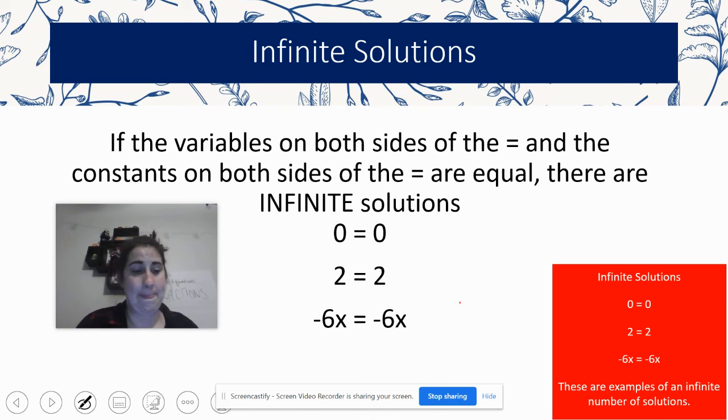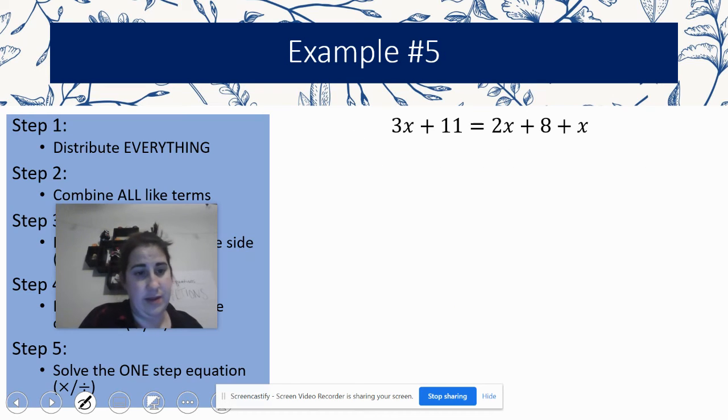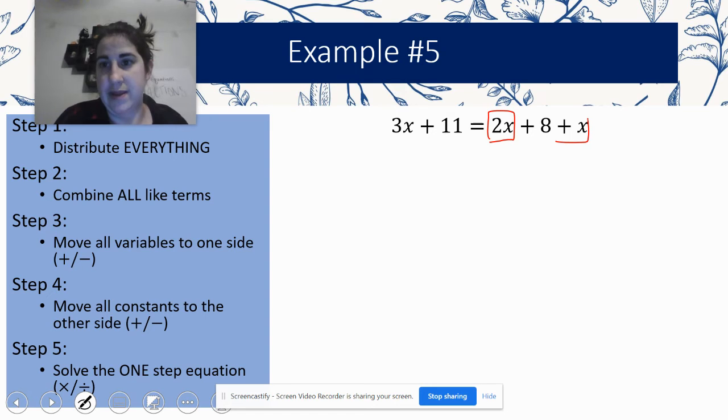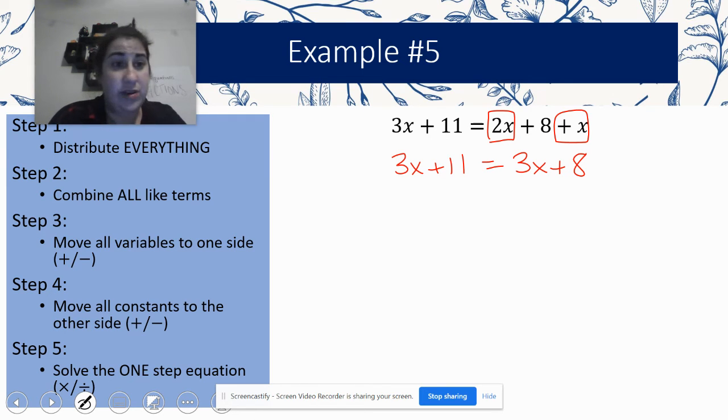Okay? All right, let's try another example. Here I do need to combine my like terms. I don't have anything to distribute, but I'm going to combine these right here. So I have 3x plus 11 equals 3x plus 8. How did I get the 3x? Well, I added the 2x plus x. Here they're not equal on both sides, but I am going to use my variable to get rid of the 3x.